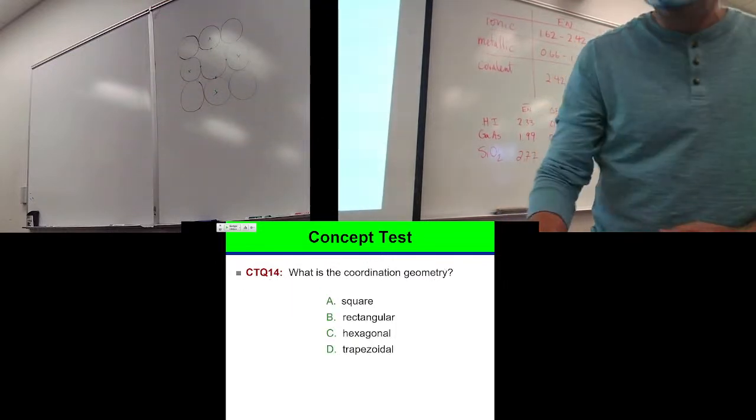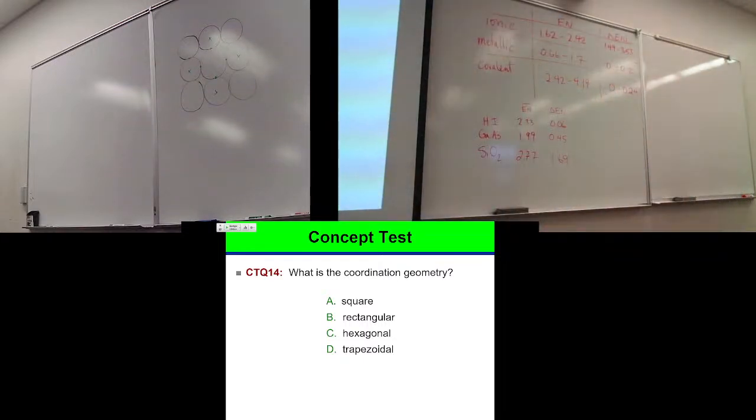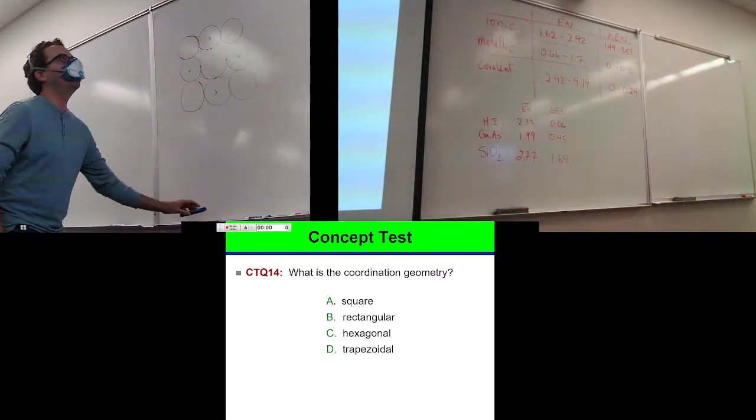So if I were to describe it, what would I call the coordination geometry? I don't think we have a formal name, but if you had to describe it, what's the best description?